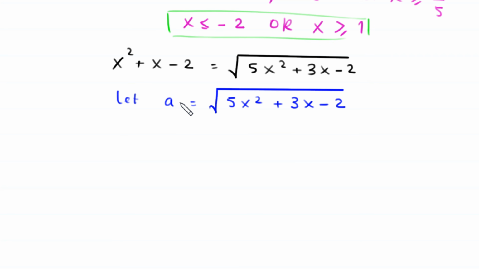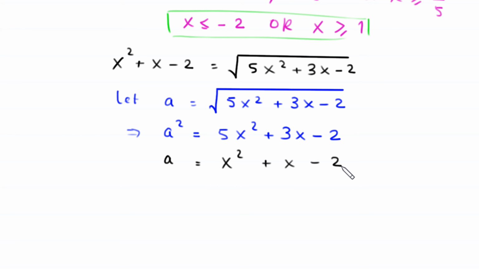If we square both sides, a squared is equal to 5x squared plus 3x minus 2. And if in the original equation we replace the right hand side with a, then it becomes a equals x squared plus x minus 2.